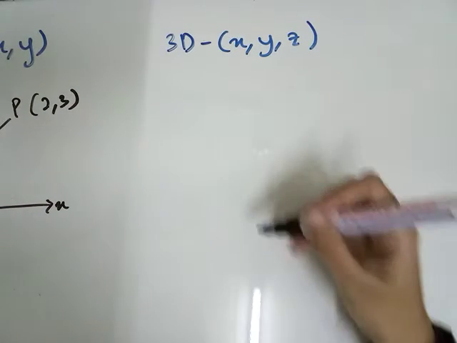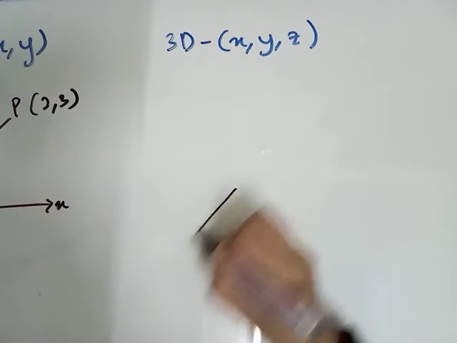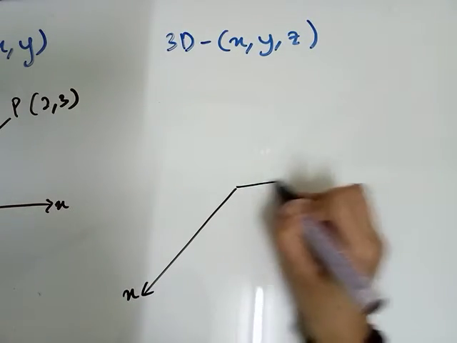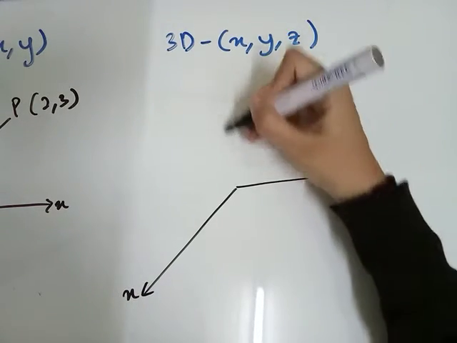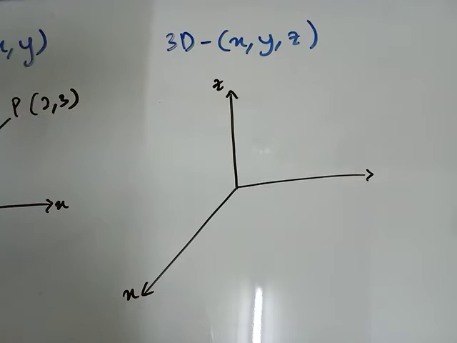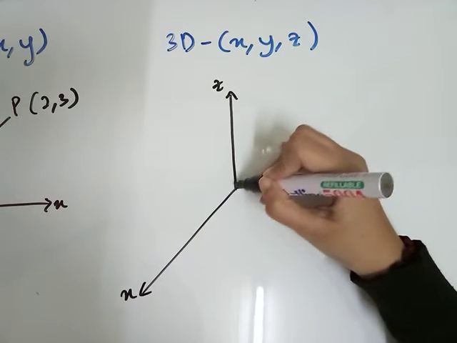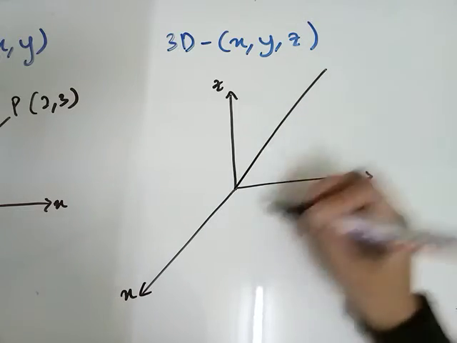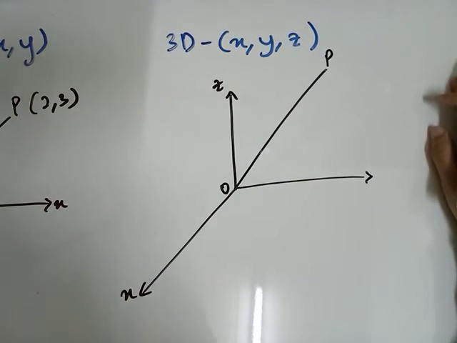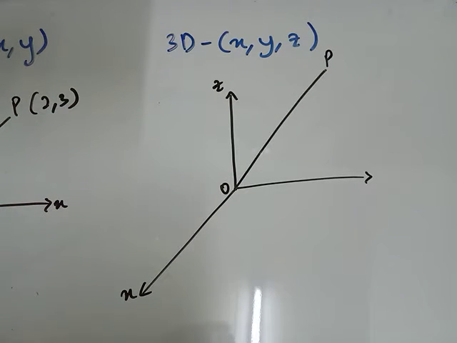Okay, for 3 dimension, that means we have x axis, y axis, and z axis. So let's say we have a vector here, O, P, vector O to P. So how do we draw for 3 dimension? This is y.